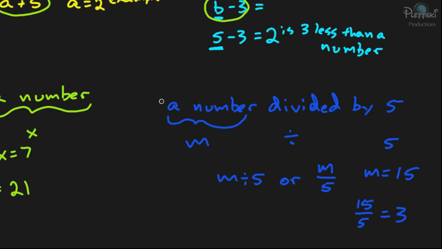You could see something that says, how about a number goes into another number? Let's say, how many times does 5 go into 15? Or how many times does 5 go into a number? Well, you would write it the same way. But most of the time you're going to see it this way, a number divided by 5. Okay, now that should help us kind of get a start on working with word problems.